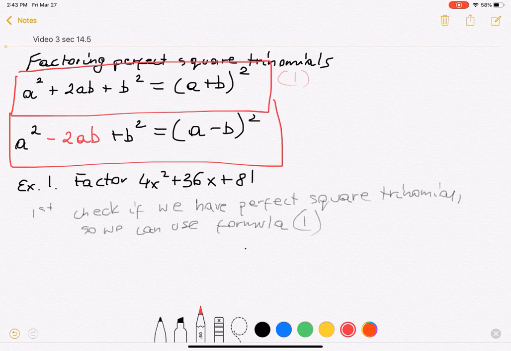How are we going to check that? We see 4x squared here, which should be a squared from the formula.